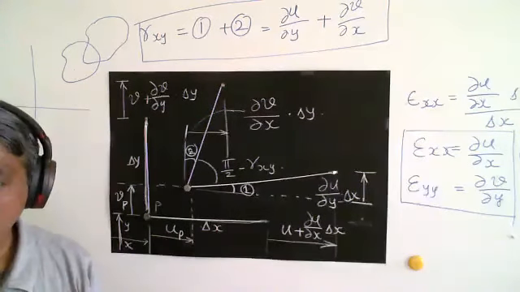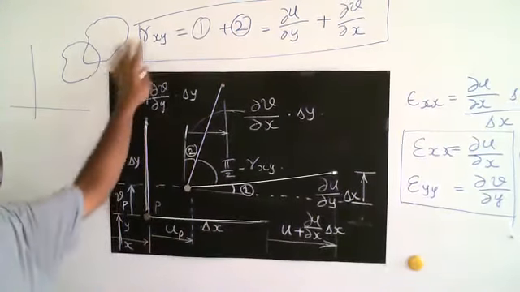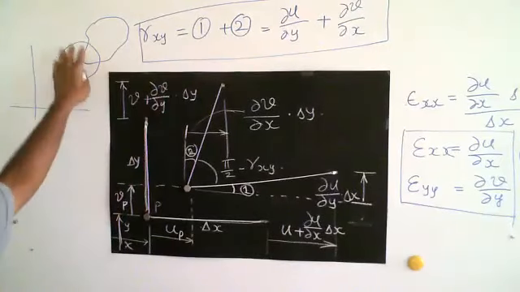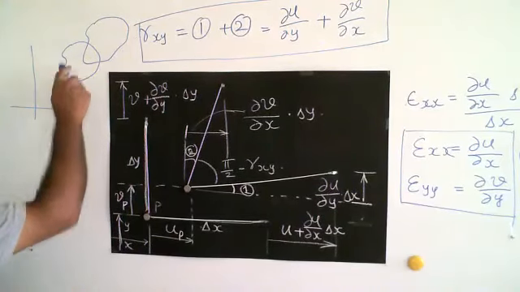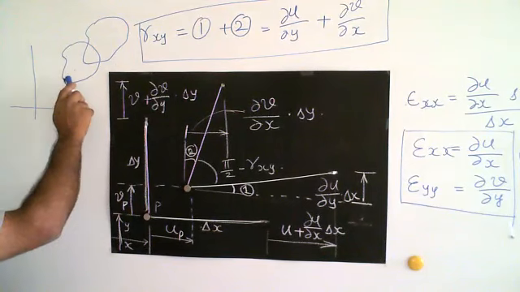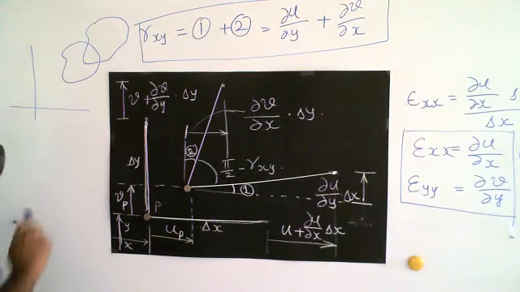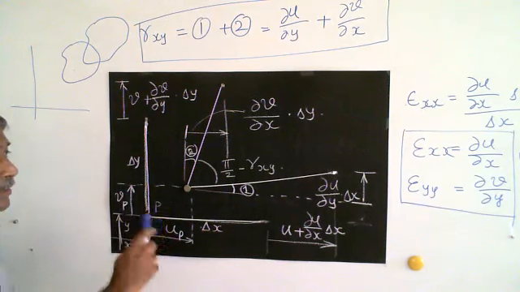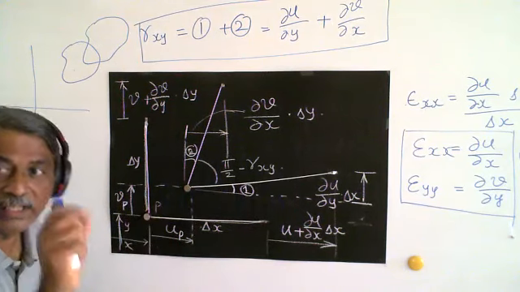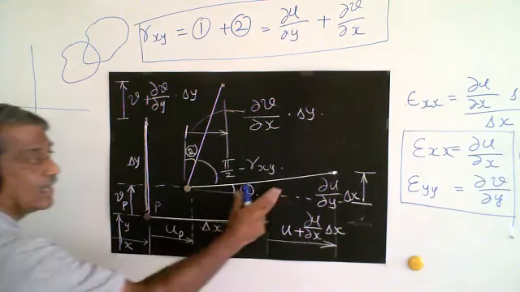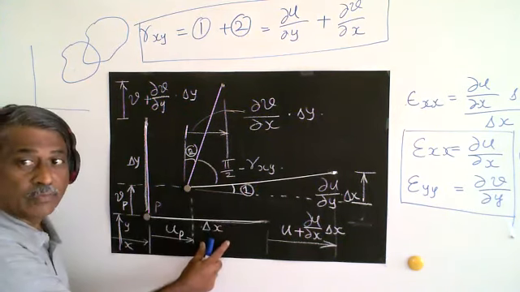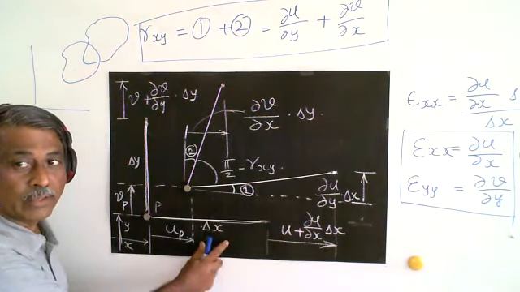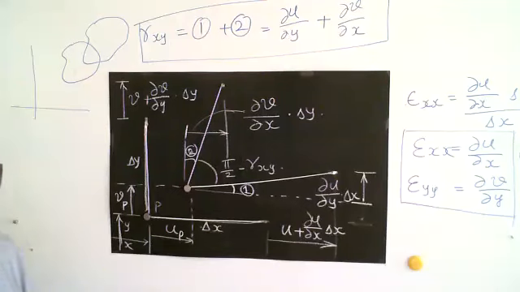For every point, because it's a field. It's a field of displacements that you would have seen. I compare that with the displacements of the original body. The comparison is what we have done for one single point with a line element which is an infinitesimally small element. That's the idea.